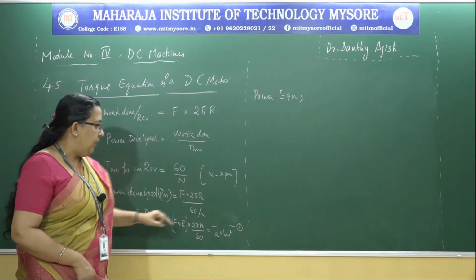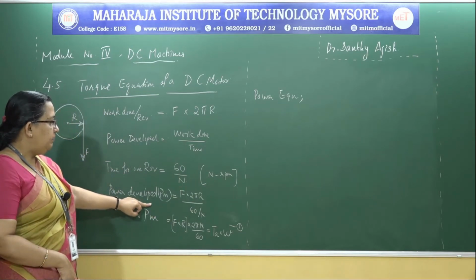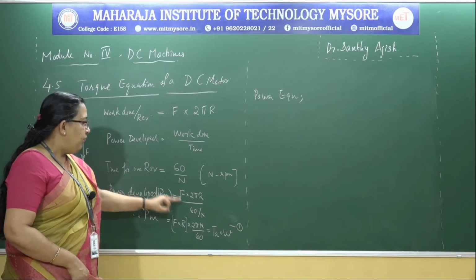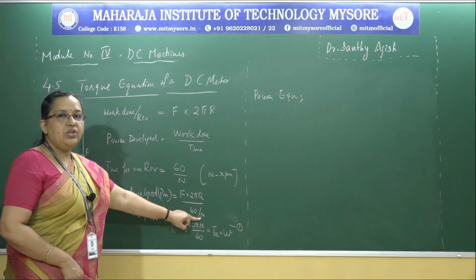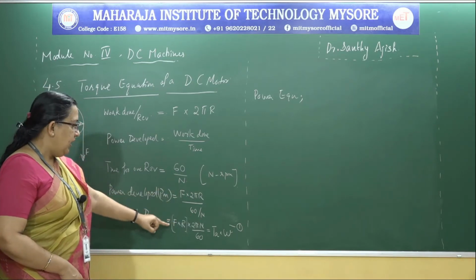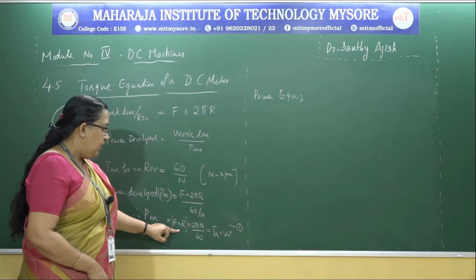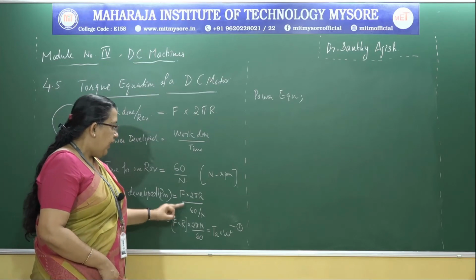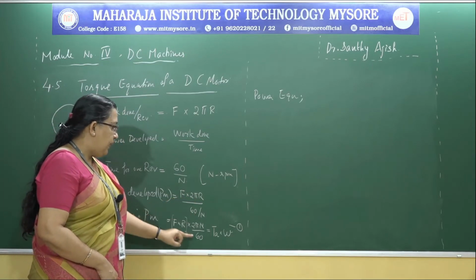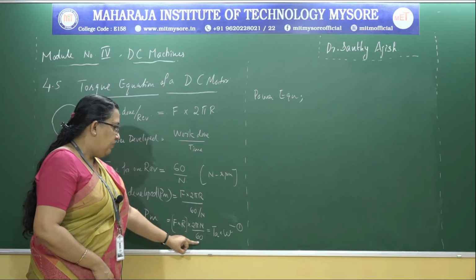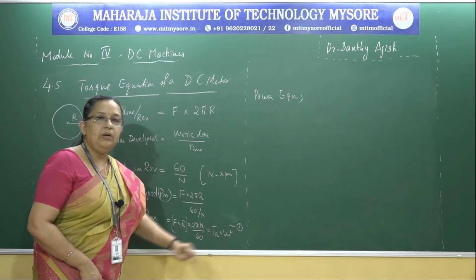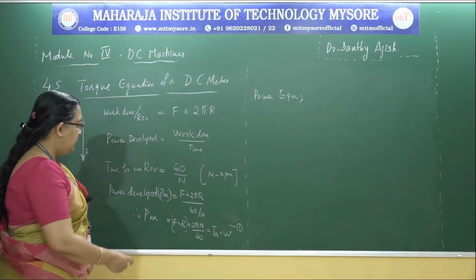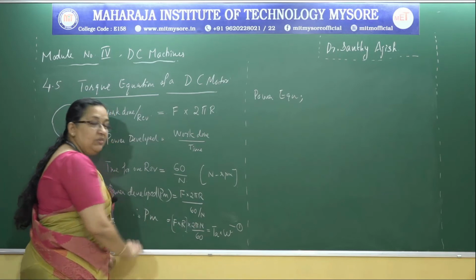Now the power developed is F into 2 pi R divided by 60 by N. By rearranging, F into R is the torque, and 2 pi N by 60 is nothing but omega, the angular velocity. So this is the power equation we got.